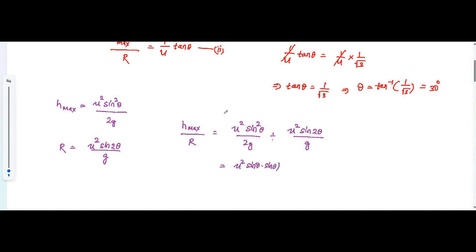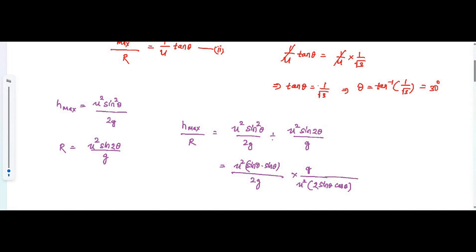Okay, so that will be easy when I cancel out the parameters, 2g into g by u square into 2 sine theta into cos theta, because sine 2 theta is equal to 2 sine theta into cos theta.